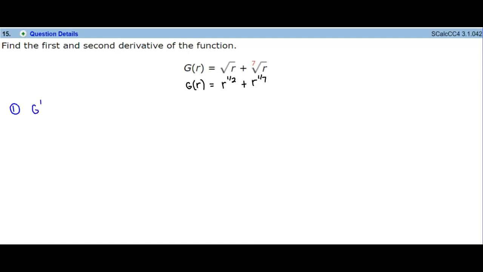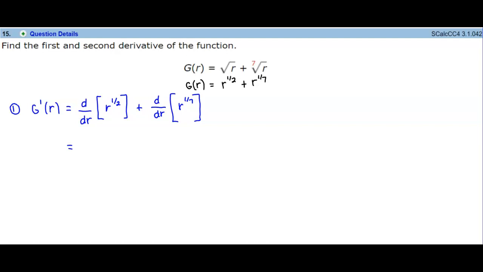So the first derivative of r, now remember that you're taking the derivative with respect to r of r to the 1/2 plus the derivative with respect to r of r to the 1/7.